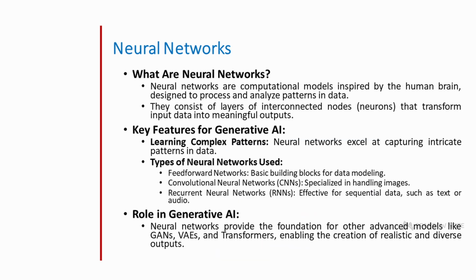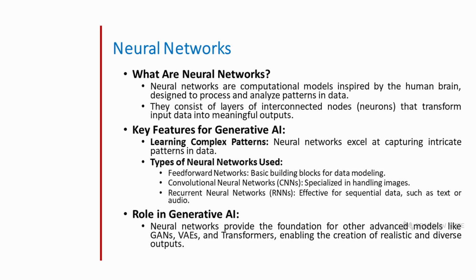Neural networks excel at identifying patterns and relationships within vast amounts of data, which is crucial for generating new content that resembles existing data. It consists of layers of interconnected nodes that transform input data into meaningful output.